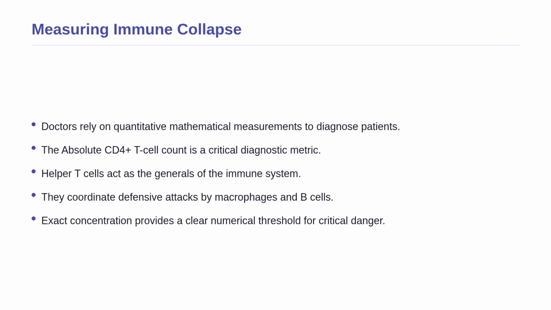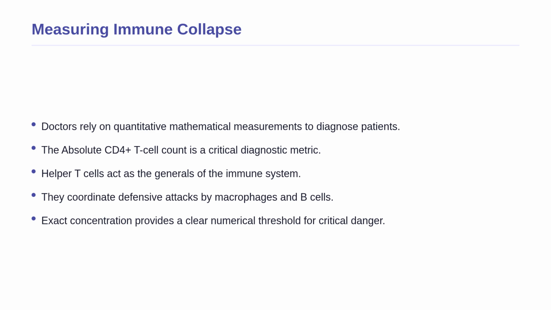Having seen the clinical importance, we must now ask, how do doctors actually measure the severity of this condition? To diagnose and monitor immunodeficiency, especially secondary types like HIV and AIDS, doctors rely on quantitative mathematical measurements of immune cells. One of the most important metrics is the absolute CD4 positive T cell count.